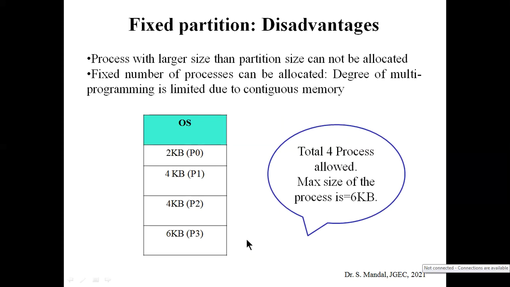Another important problem is that here a maximum of 4 processes can be allocated, and the maximum size of a process should be 6 kilobyte, because the maximum size of the partition is 6 kilobyte. That means a process which has larger size than the maximum value of the partition cannot be allocated to it. So that is one problem. A process with larger size than the maximum partition size cannot be allocated.